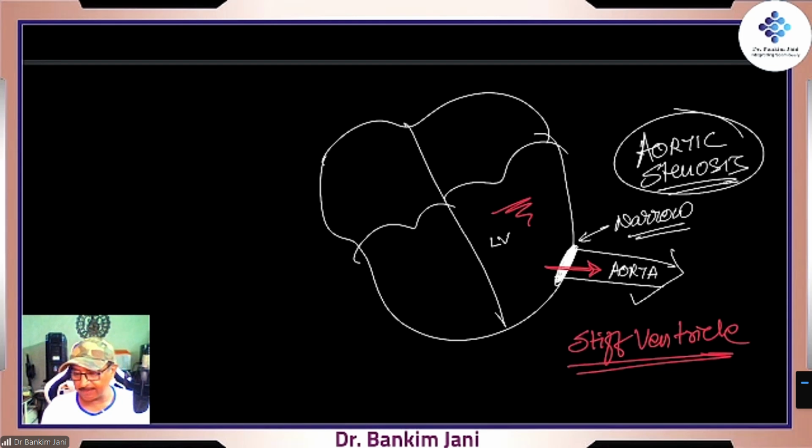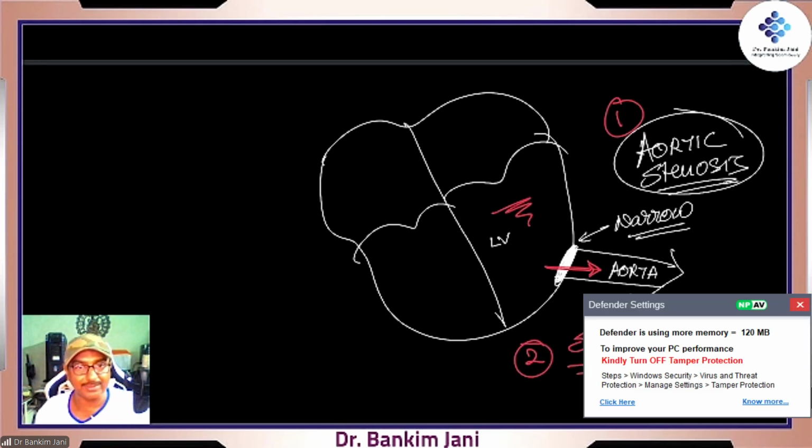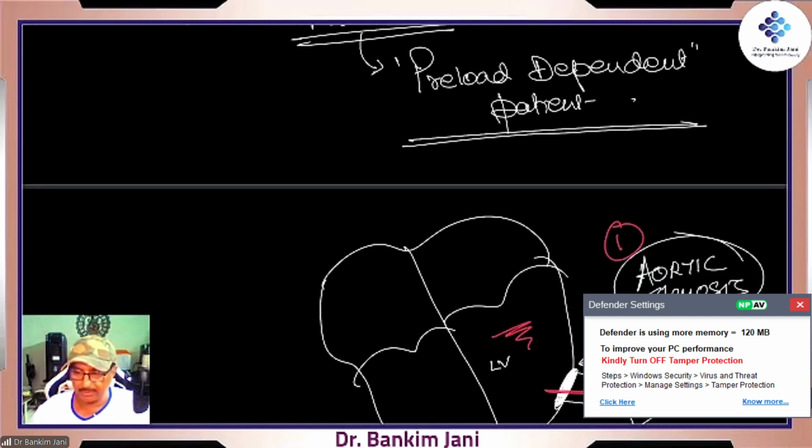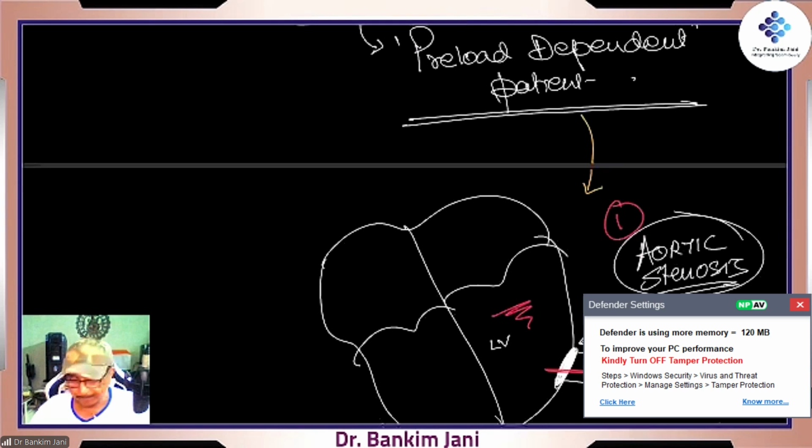So in such a case, the ventricle जो थोड़ा बहुत compress हो, if the blood is properly filled, then more blood will go. So these are the two very important conditions: one, aortic stenosis, and second, the stiff ventricle. They are called preload dependent patients. Right? Preload dependent patients.